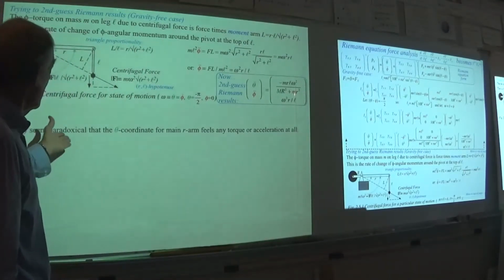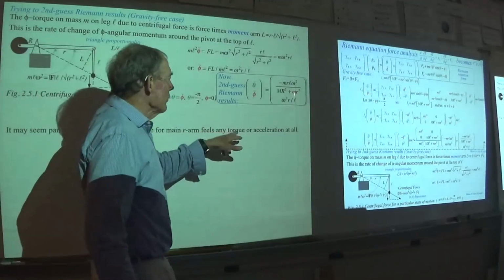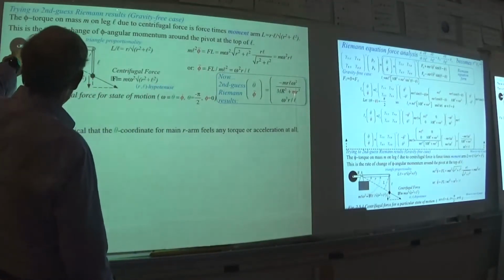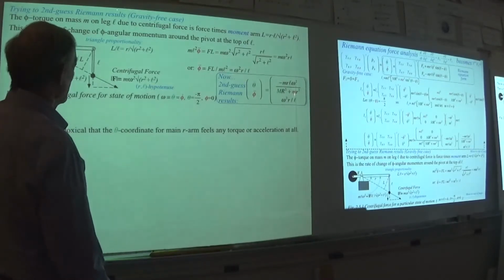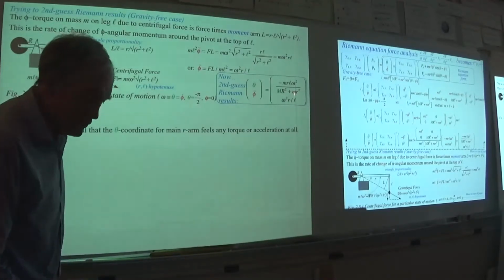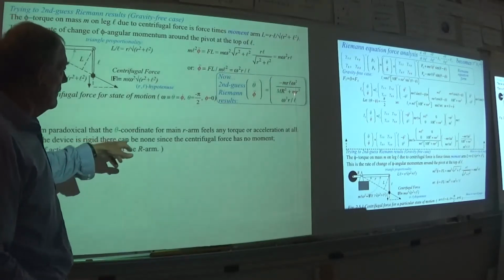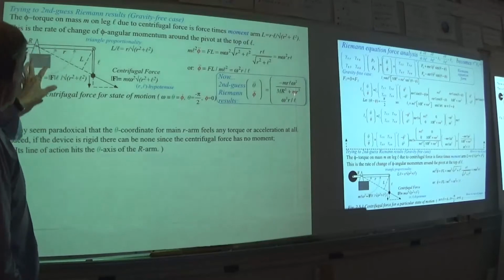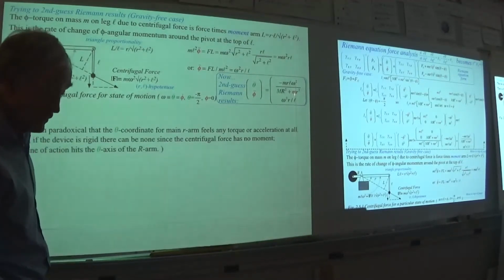It seems paradoxical that the theta coordinate for the main arm feels any torque or acceleration at all. I mean, it was pointing right at the axis. Where the heck did you get a torque for that? Okay, well, we kind of faked it a little bit there, but the device isn't rigid. The centrifugal force has no moment, but its line of action is going right through there.